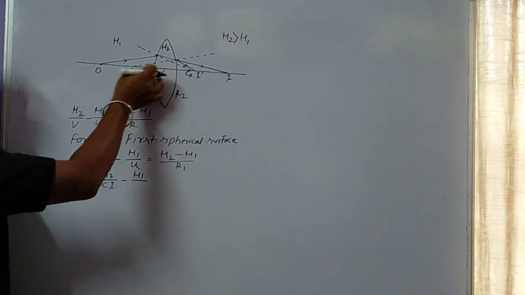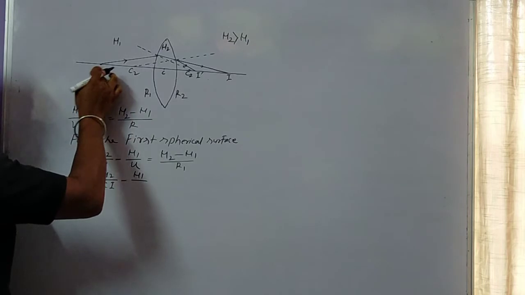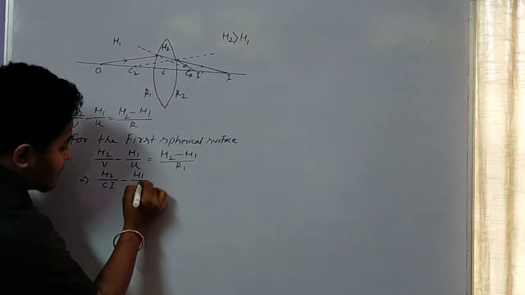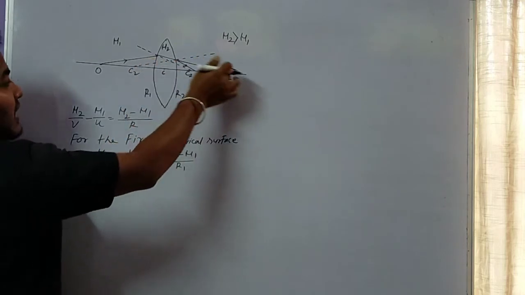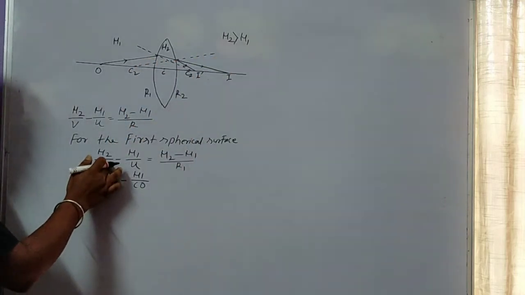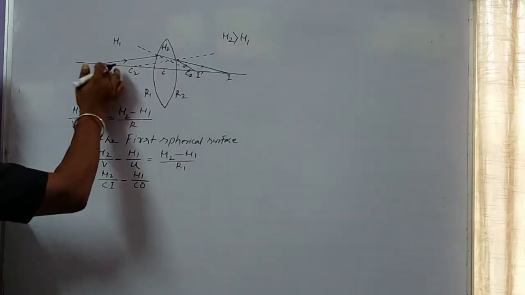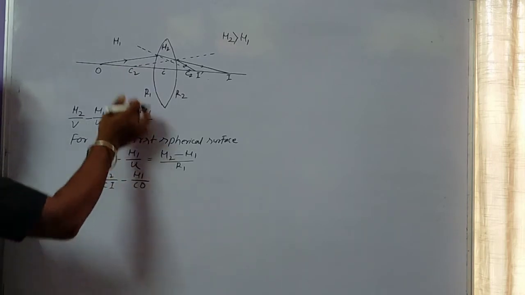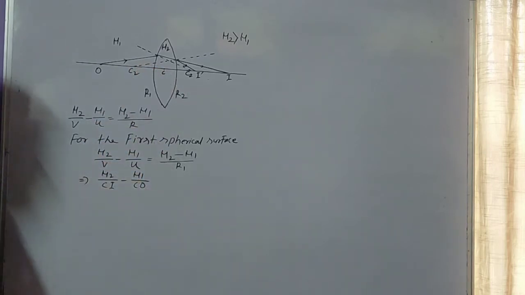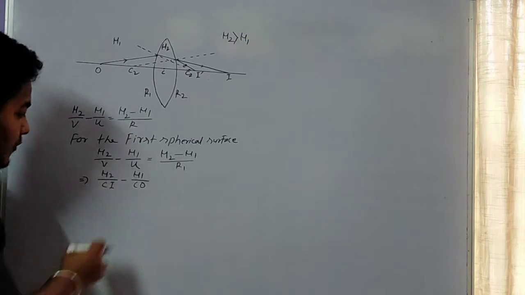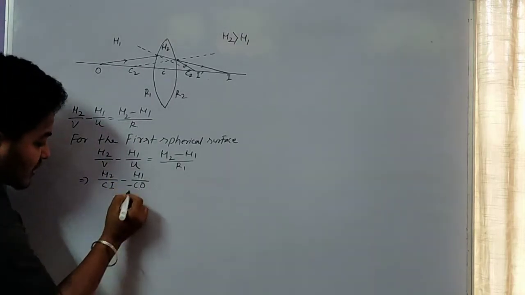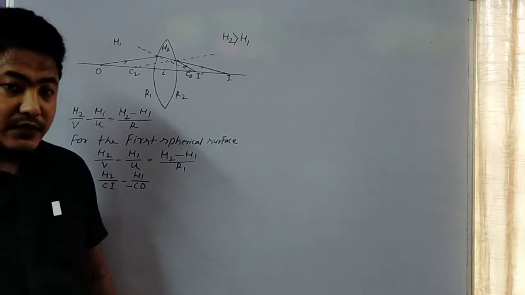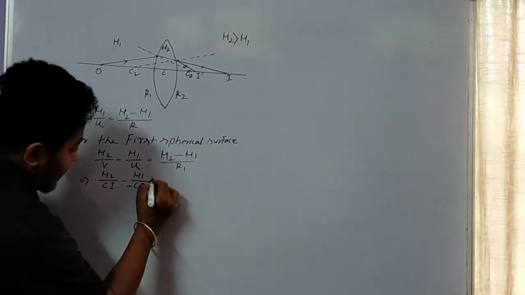Object distance was CO. You can see CO is the object distance for the first spherical surface. CI is the image distance, I have written in the place of v. CO is the object distance, in the place of u I have written. And of course, this object distance will be negative.